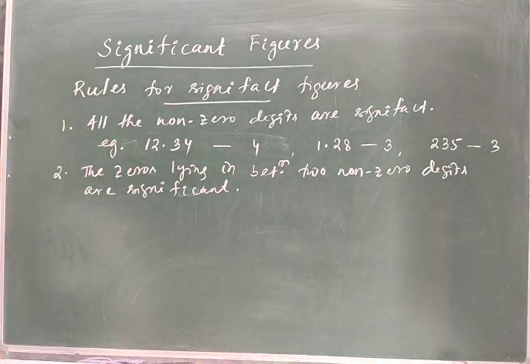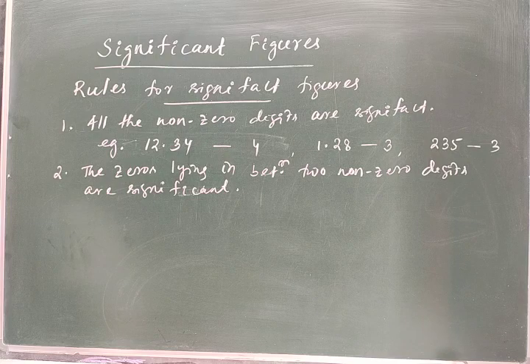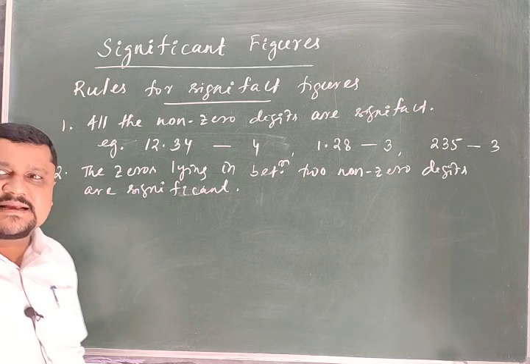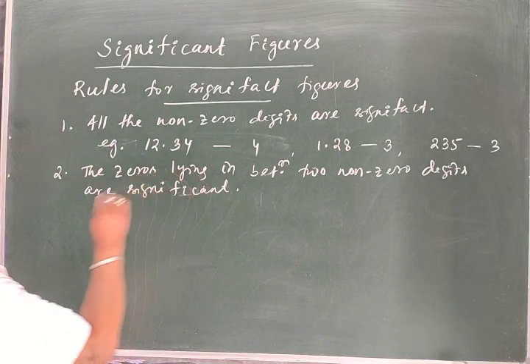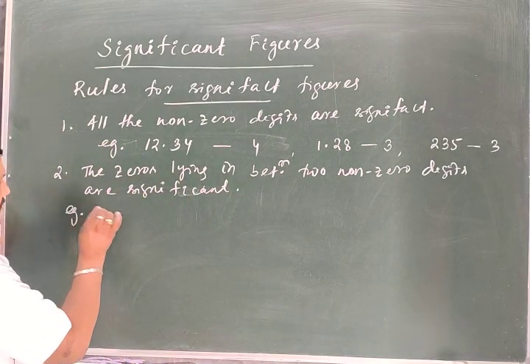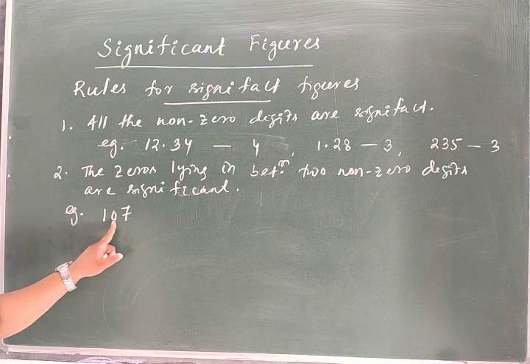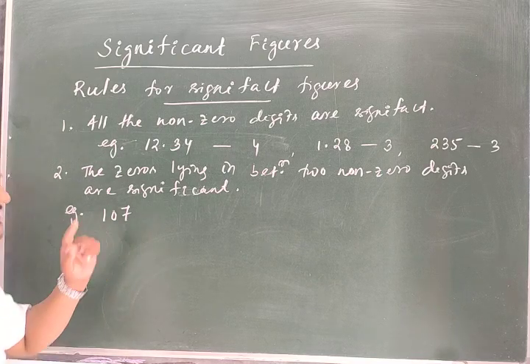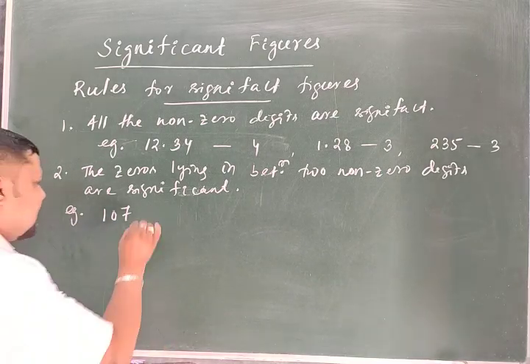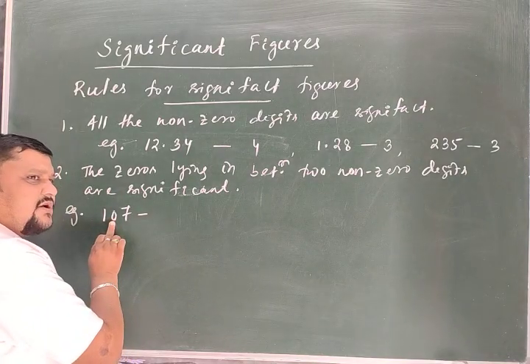Now go to the rule number 2. The zeros lying in between two non-zero digits are significant. Suppose you have a measurement, let us take an example, 107. Here there is a 0 which is lying between two non-zero digits. So that's why here 0 is also significant.